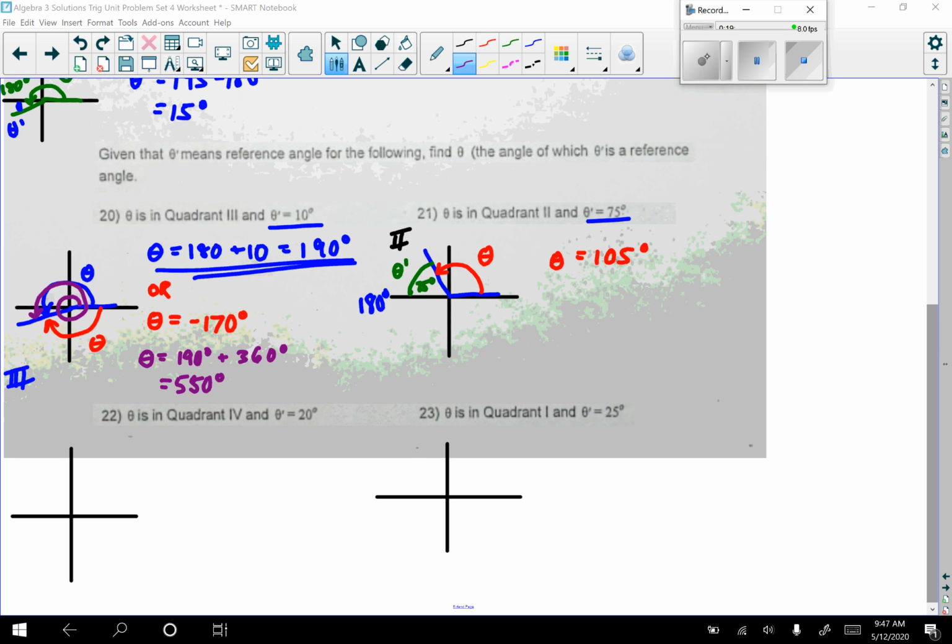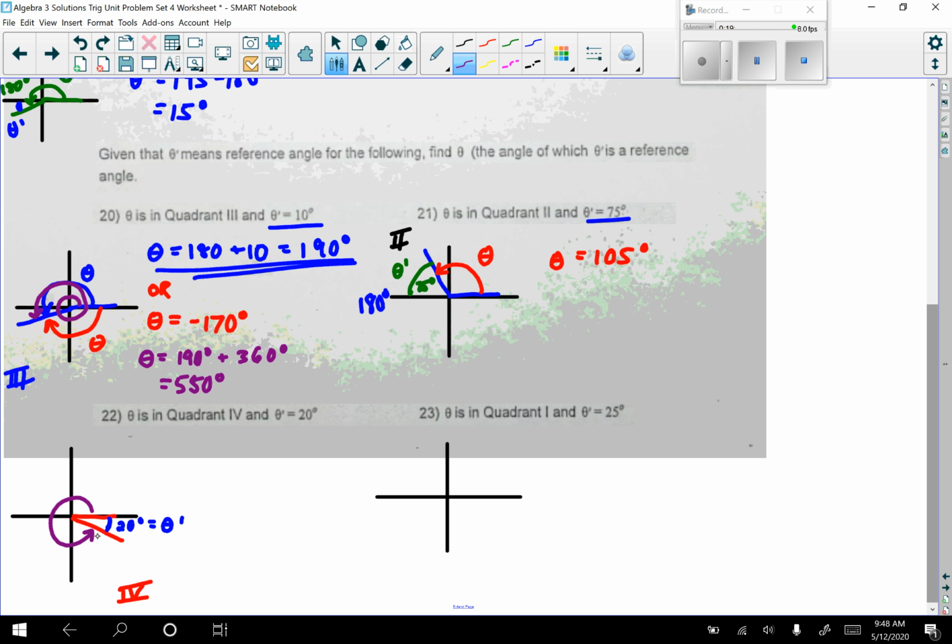All right, go ahead and also pause the video again. Try 22. Here we're in quadrant 4 and theta prime is 20 degrees. So quadrant 4 is down here, again drawing in our initial side. So we're just 20 degrees before the x-axis. That means if we're in quadrant 4, our terminal side shows up right here. This part is the 20 degrees. That's theta prime. So again, the easiest answer to get to, keeping it positive, is to go around this way.